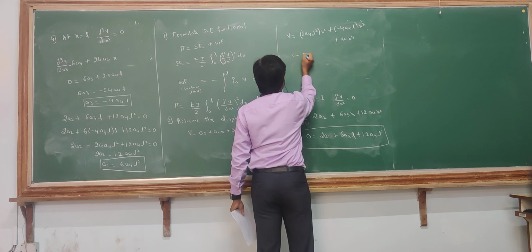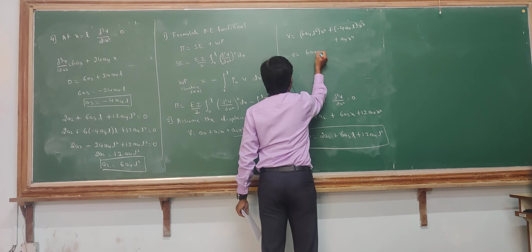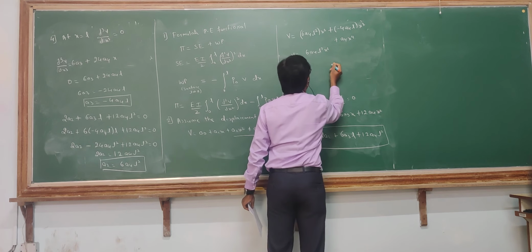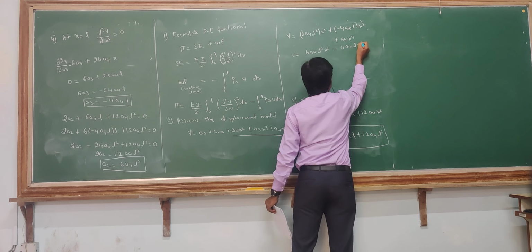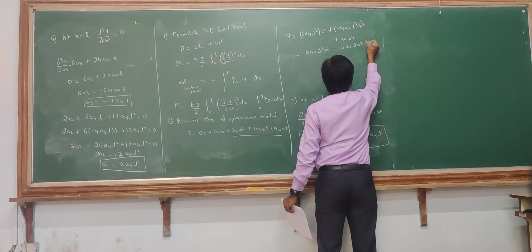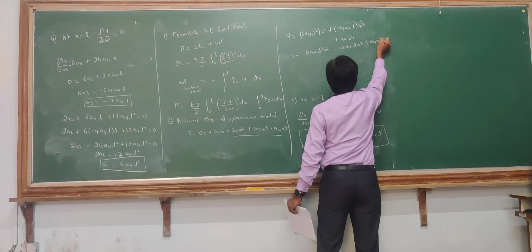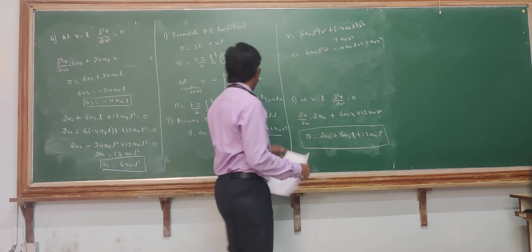V is nothing but 6a4L²x² minus 4a4Lx³ plus a4x⁴. So I got what V is here.